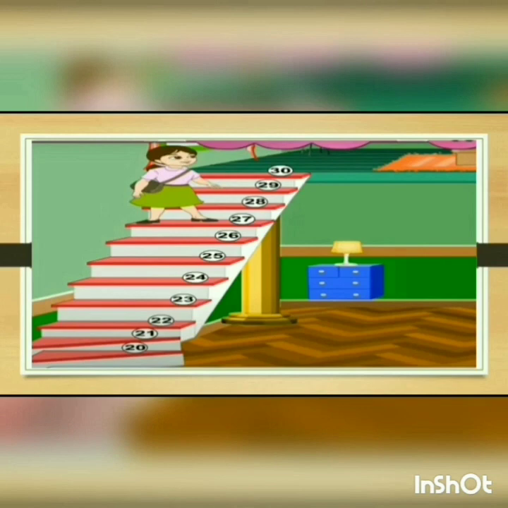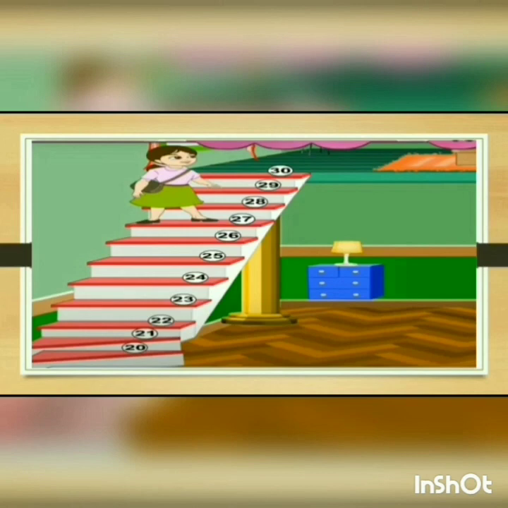Let's read the numbers given on the stairs: 30, 29, 28, 27, 26, 25, 24, 23, 22, 21, 20. Very good.